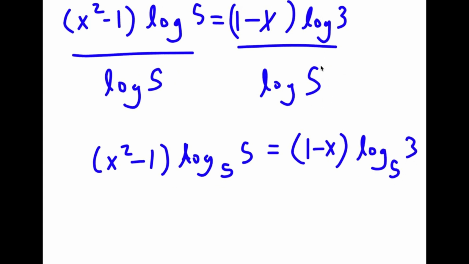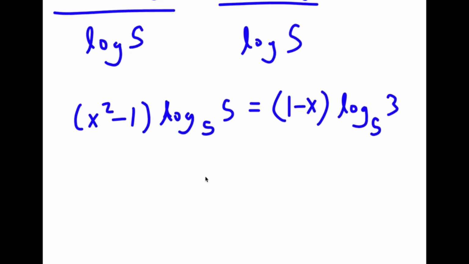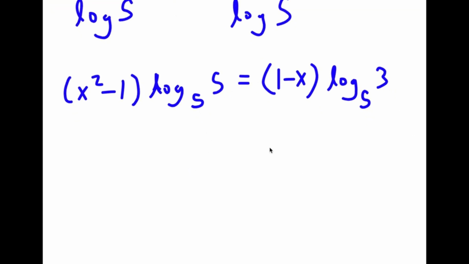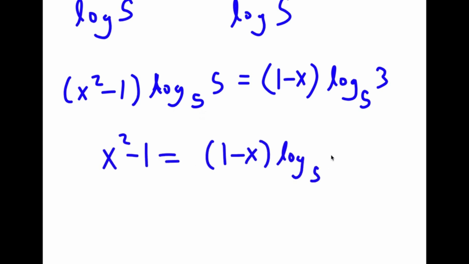So if you divide two logarithms, the logarithm that's being divided by, that's going to turn into the base. Now log base 5 of 5, that's obviously equal to 1. So now I have x squared minus 1 is equal to 1 minus x times log base 5 of 3.